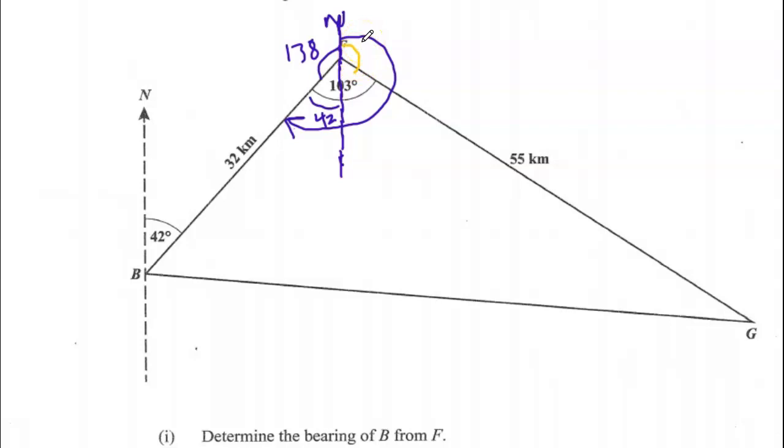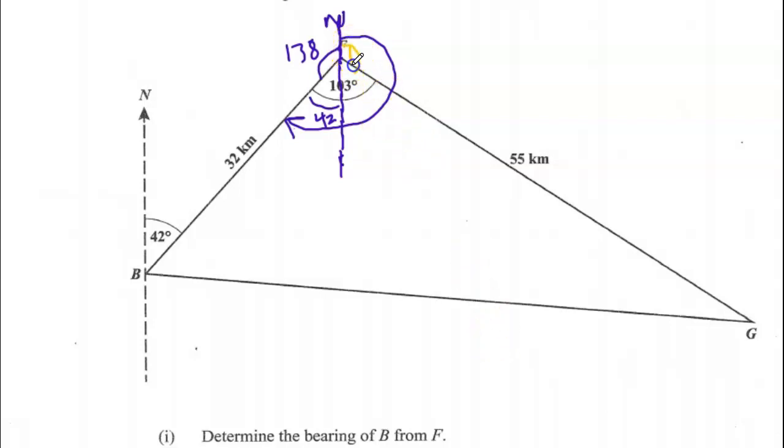So this angle that I colored in yellow will be 360 minus 103 minus 138, which would be 119.